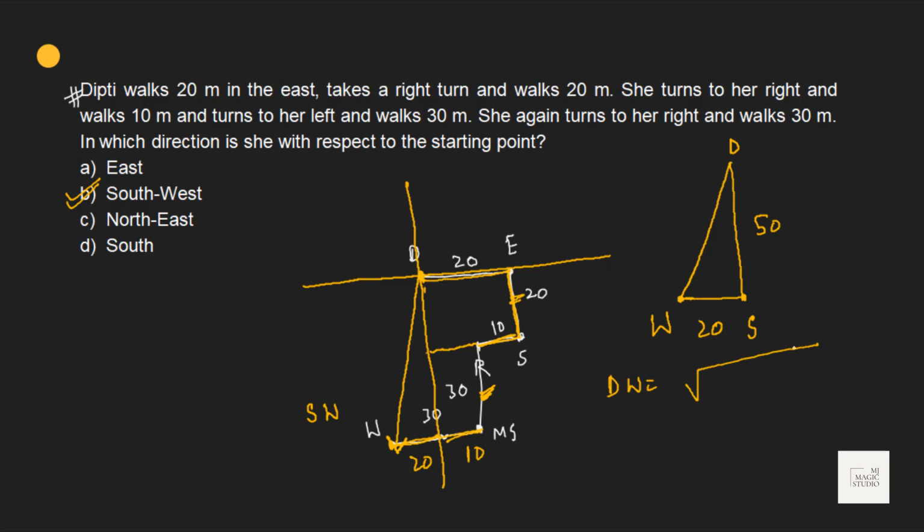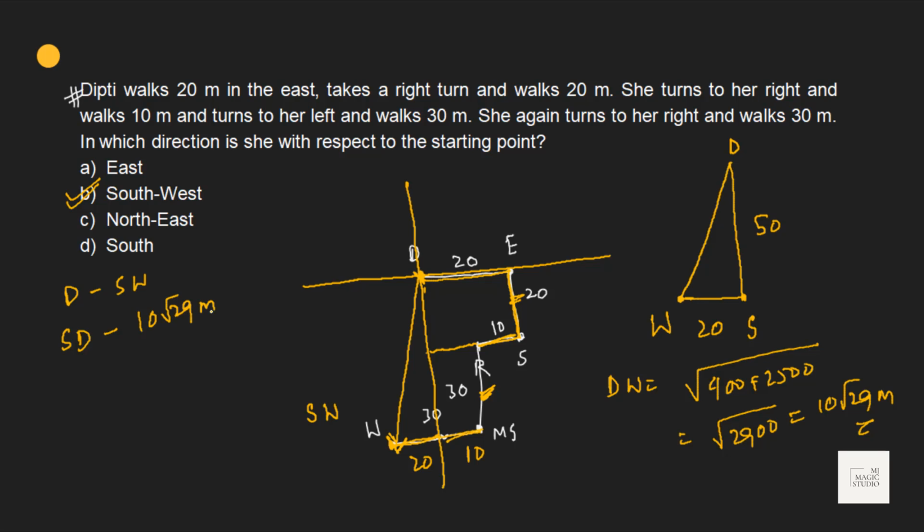So DW would be root of 400 plus 2500, that would be root 2900 or 10 root 29 meters. If the direction between initial point and final position is asked, the answer is southwest. And if the shortest distance is asked, then the answer is 10 root 29 meters.